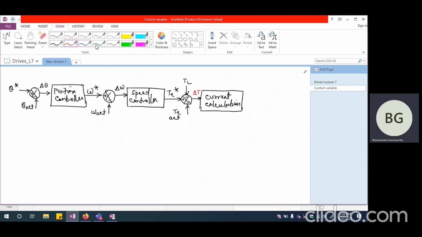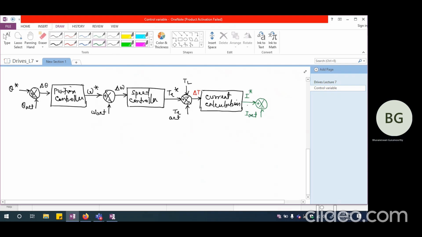So once you have the current calculation done, we have the current reference, and this needs to be compared with the actual current itself. So this is the actual current that is coming as a feedback. Now this actual current will come out of a sensor which is sensing the current.